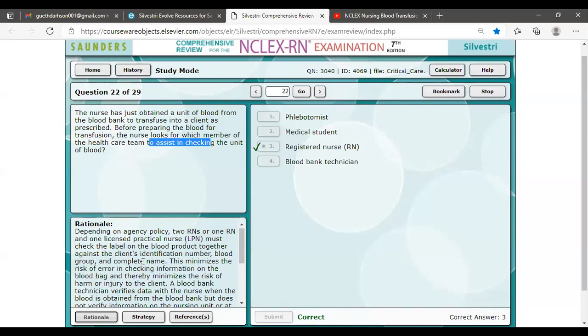This minimizes the risk of error in checking the information on the blood and therefore minimizes the risk of harm or injury to the client. A blood bank technician verifies data with the nurse when the blood is obtained from the blood bank, but not in the nursing unit. In the nursing unit, either 2 RNs or 1 RN with another licensed practical nurse.